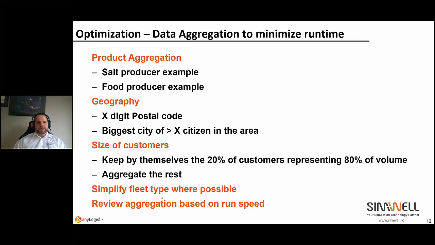Simplify the fleet if you can, and the decisions that you make here, you can review once you click play the first time and see the run speed. If the model runs fast, then you can potentially afford to deaggregate the data and be more precise, depending on specific cases. And if the model is running way too slow, then you may have to go back and aggregate some of the data.